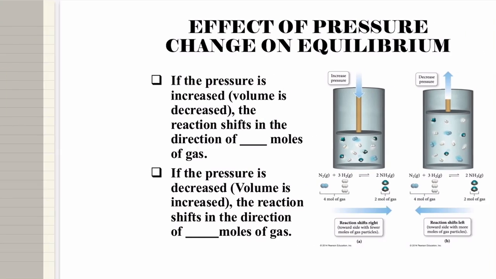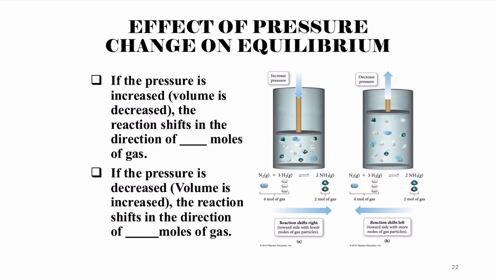And so if we do that, if we increase the pressure, which is decreasing the volume, we're going to shift to the side with less moles of gas. So it shifts in the direction of less moles of gas.